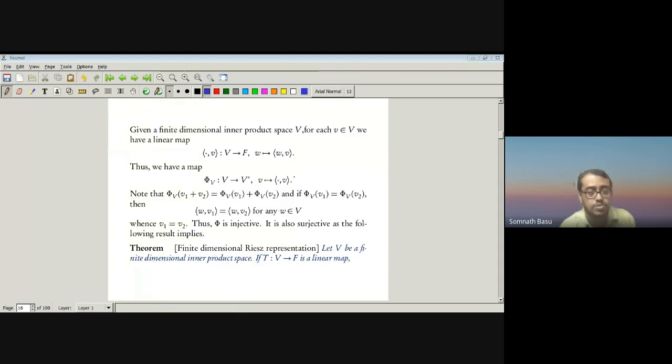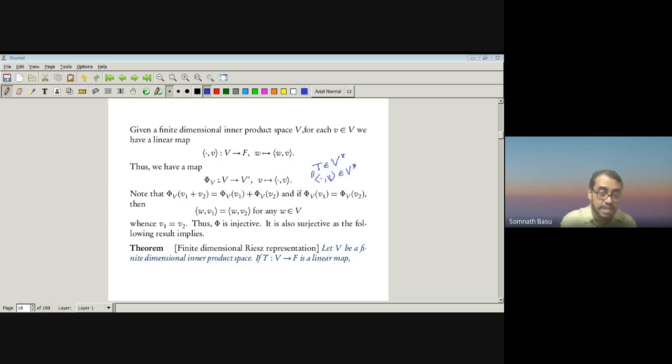On the one hand, I have a T, an element of V star. On the other hand, for any little v, these are also elements of V star. So it would be nice to claim that for any element in the dual, there is some little v0 so that T is of this form. Then that would prove that in fact this map is an isomorphism, right?